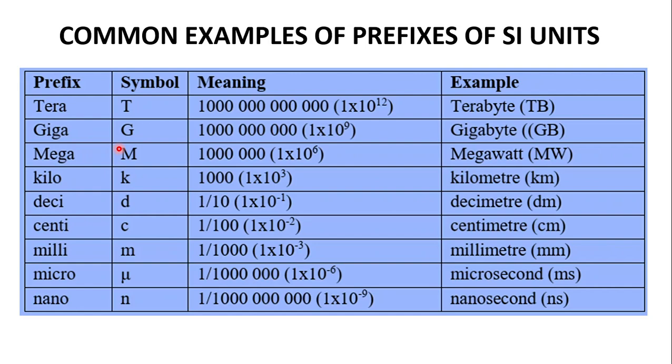So the first 5 we've discussed are considered to be big prefixes, or prefixes used to stand for big numbers starting from 1000 going up, from kilo, mega, giga to tera. That's in ascending order.